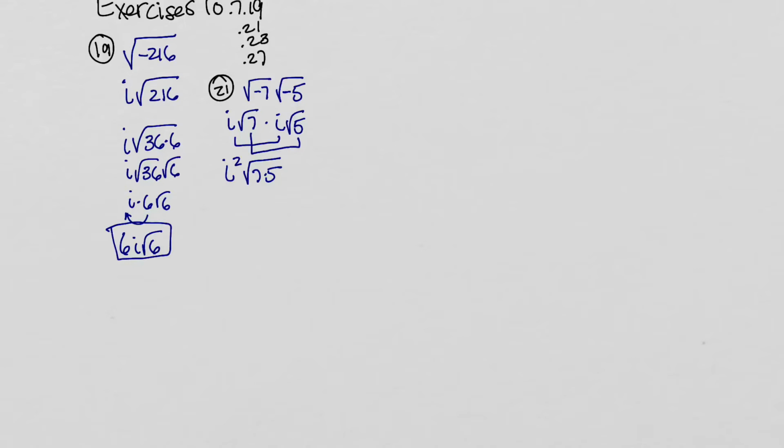And this will result in i squared, which is negative 1, right? So we get a negative 1 from here, and this is the square root of 35. So we'll get negative 1 times square root of 35, which is negative square root of 35. Now, of course, i squared, we could have just written right down here, but I went through every step.